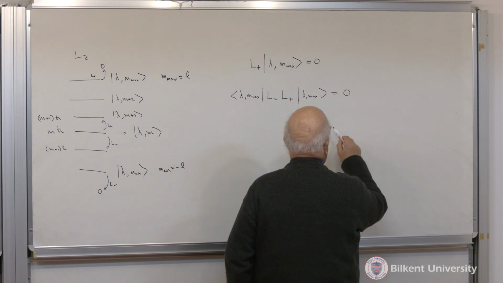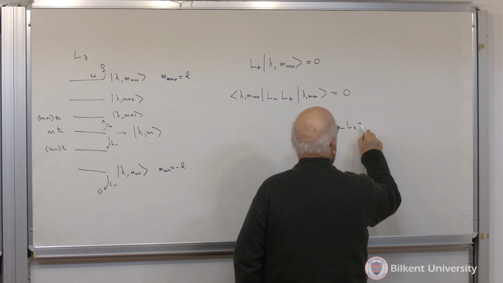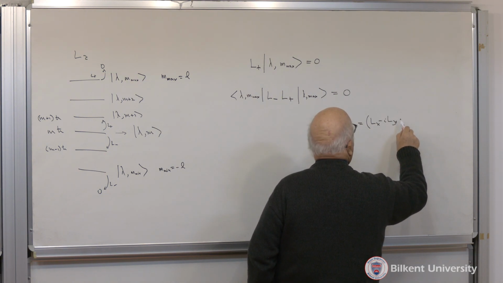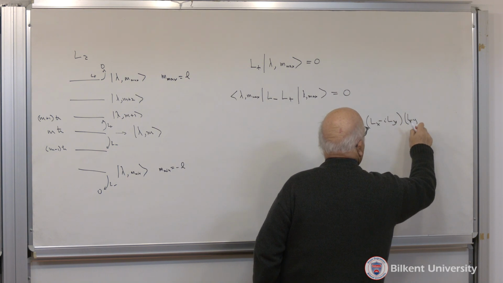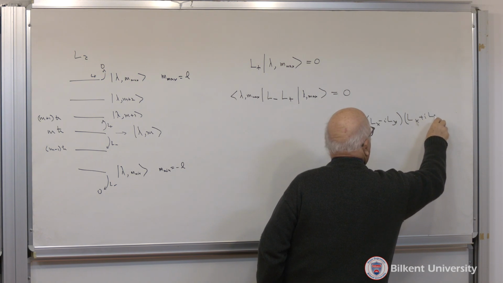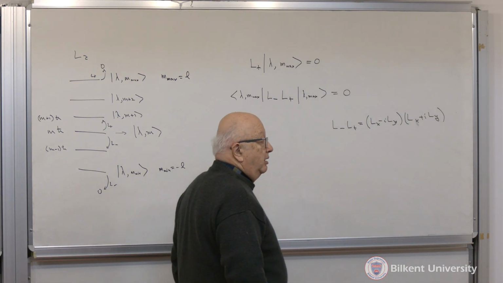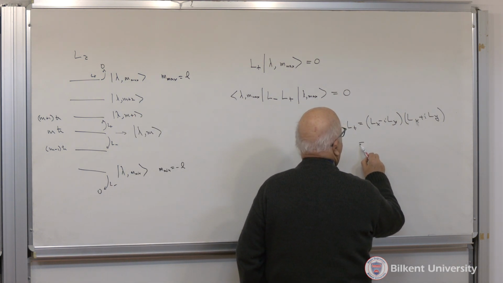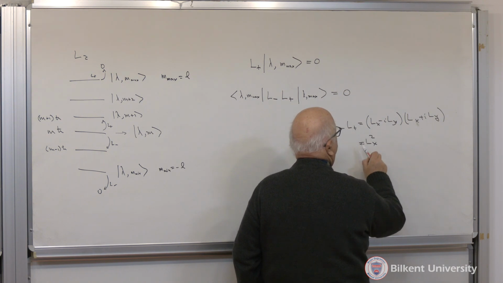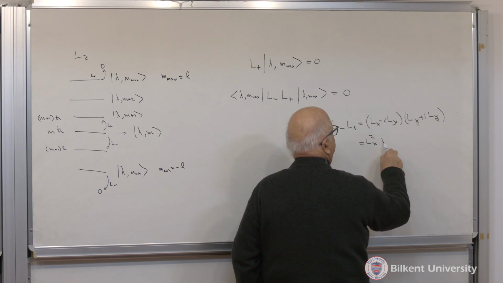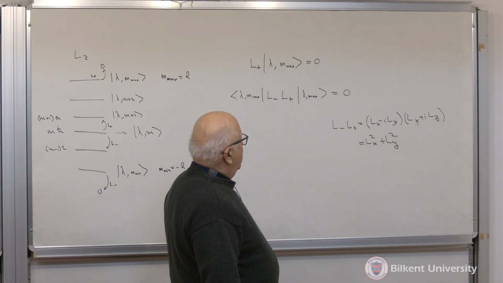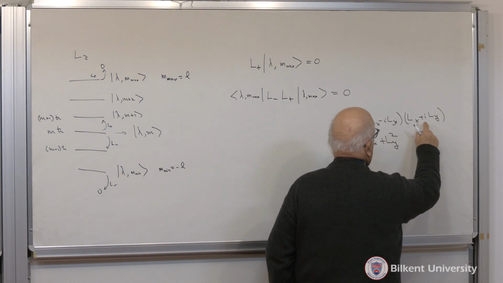So the L minus L plus is going to be Lx minus i Ly, times Lx plus i Ly. Okay? So what does that give me? Well, it gives me an Lx squared, so the direct terms are easy, plus Ly squared. And then I have the cross terms.